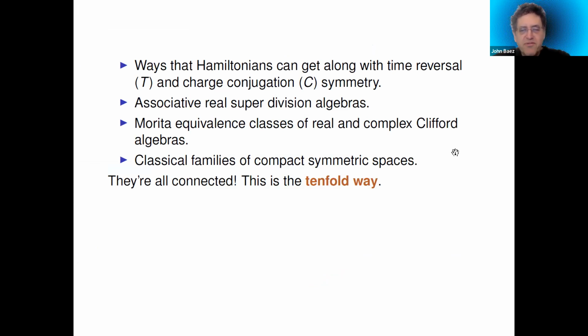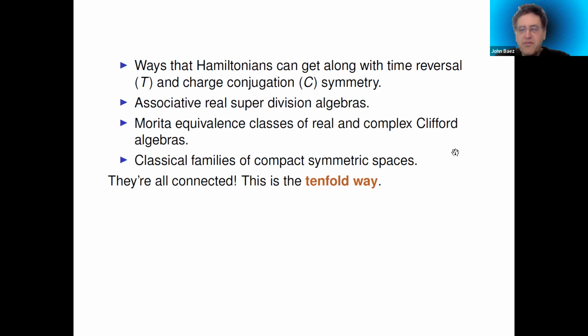I list here 4 different tenfold things. So one is rather vaguely stated, which gets more precise later: ways that Hamiltonians can get along with time reversal and charge conjugation symmetry.